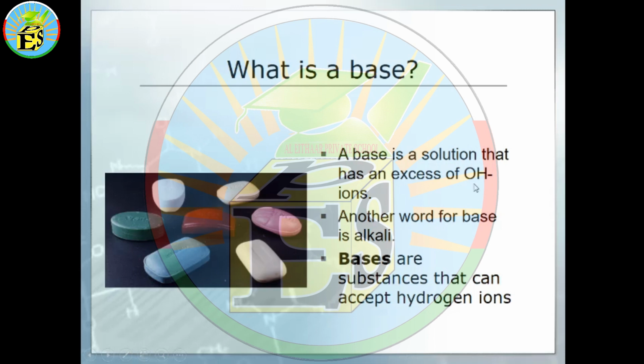OH is a hydroxide ion. Another word for base is alkali, as I mentioned before. Bases are substances that can accept hydrogen ions, and acids are substances which give hydrogen ions. So that was the definition of a base. Just like an excess amount of H positive ions makes an acid, an excess amount of hydroxide, OH negative ions, makes a base or alkali.